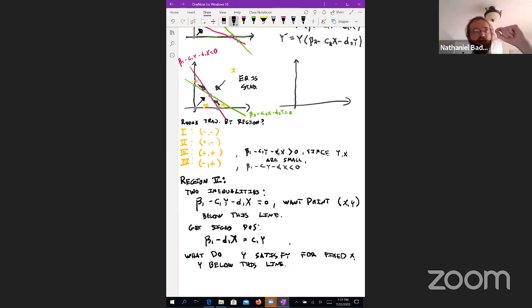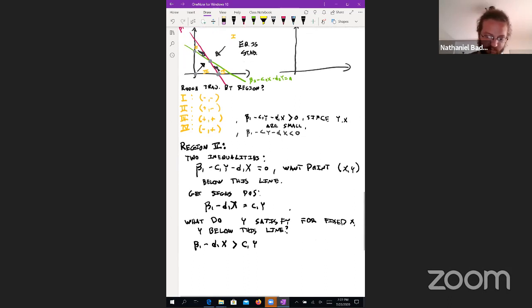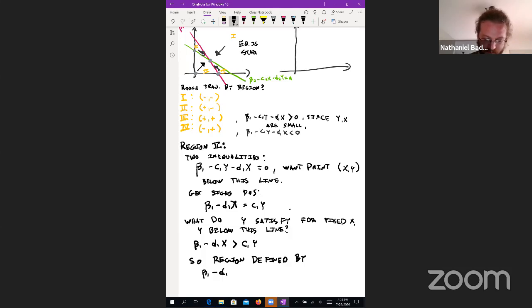So what happens if we make y smaller? Then we should have beta 1 minus d1x is greater than c1y. So the region's defined by beta 1 minus d1x minus c1y is greater than 0.